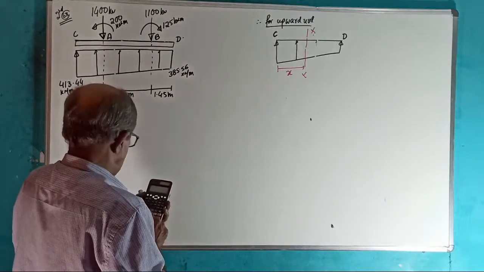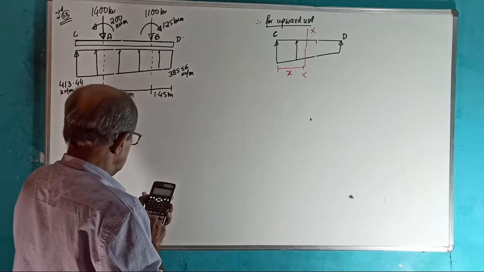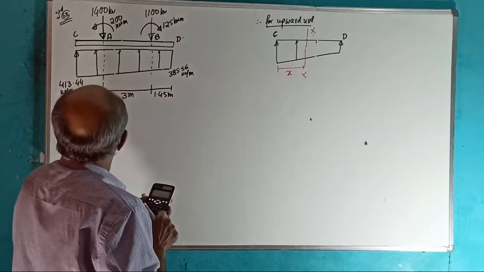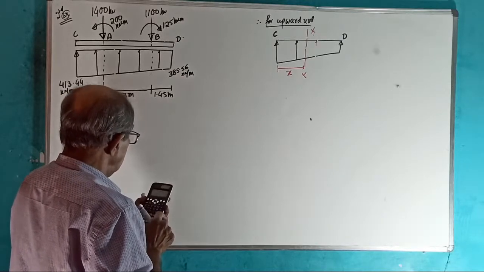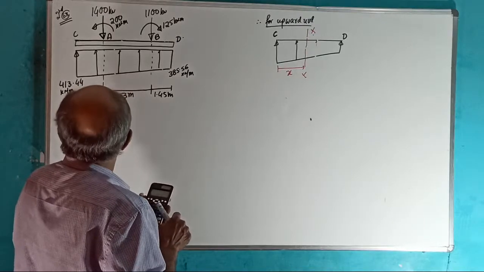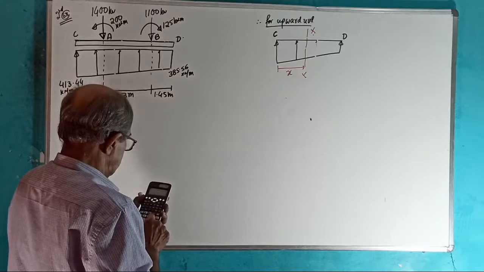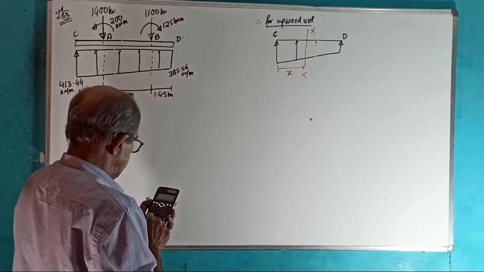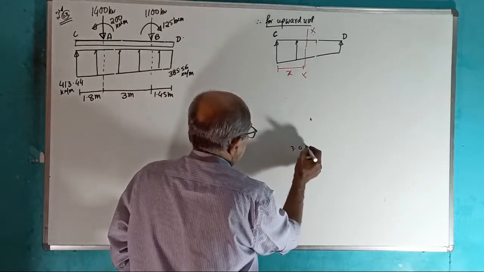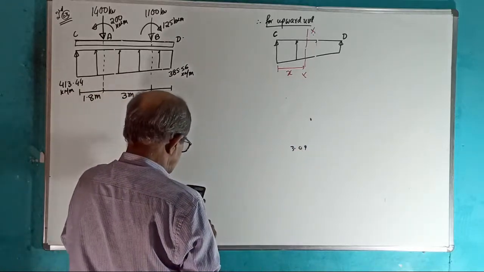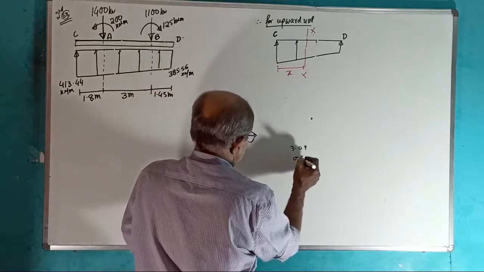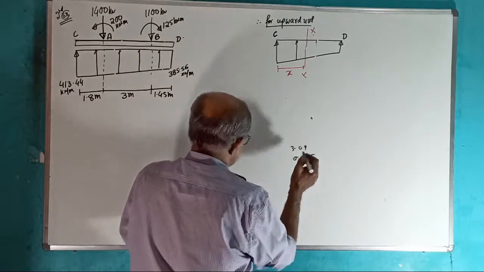1400 into 1.8 plus 1100 into 3, plus 1, 4.8, minus 200 plus 125, divided by 2500, is 3.09. 3.09 is the resultant. Half of 6.25, 6.25 divided by 2, minus that gives 0.035 as the eccentricity.